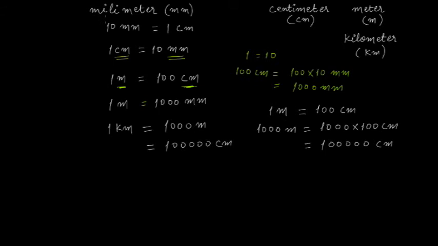These units, millimeter, centimeter, meter, kilometer, tell about distance, length, thickness of anything. For example, if kilometer is used, suppose you're traveling from New Delhi to Mumbai, or from Mumbai to New Delhi.